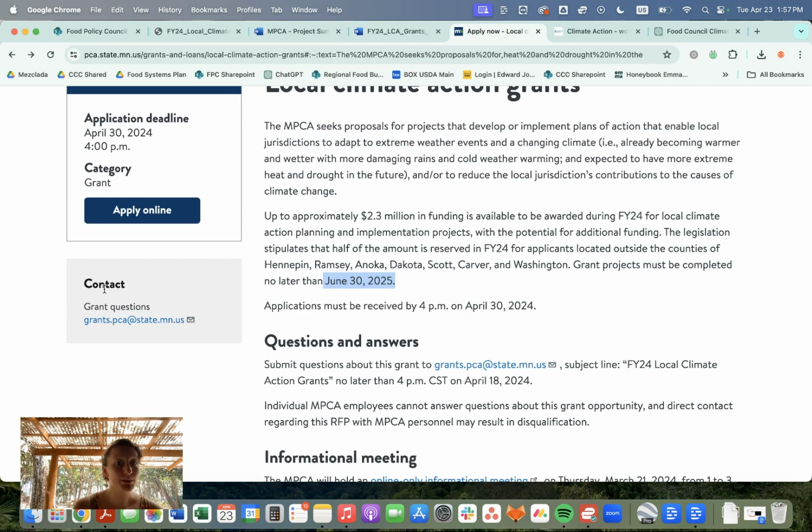The project has to be completed by June of 2025, and it doesn't even say how quickly the turnaround is going to be. So say, for example, applications close in April. Maybe they start reviewing the applications in May. They notify people in June, and maybe it takes another month or two. So let's say July, August, before funds are available. If that is true, that provides basically less than 12 months for any of these projects to be implemented.